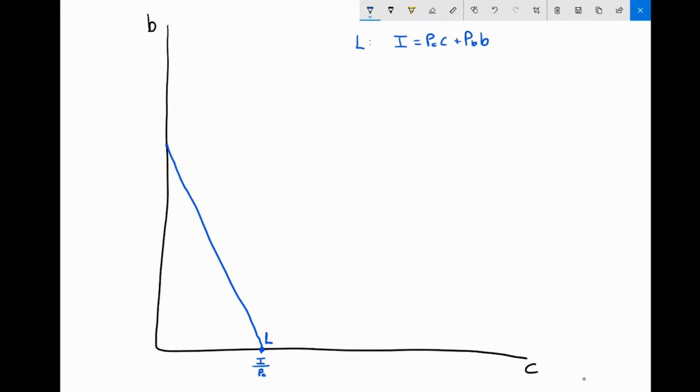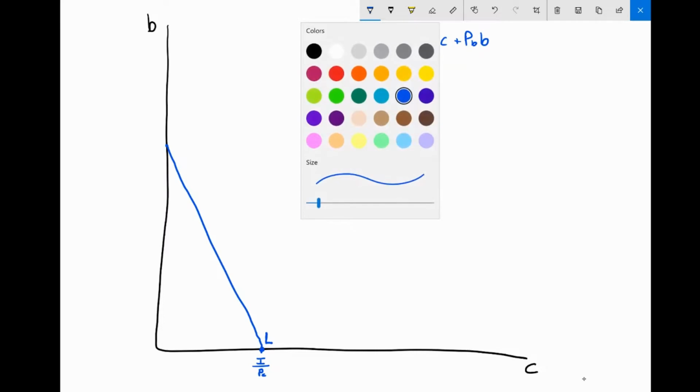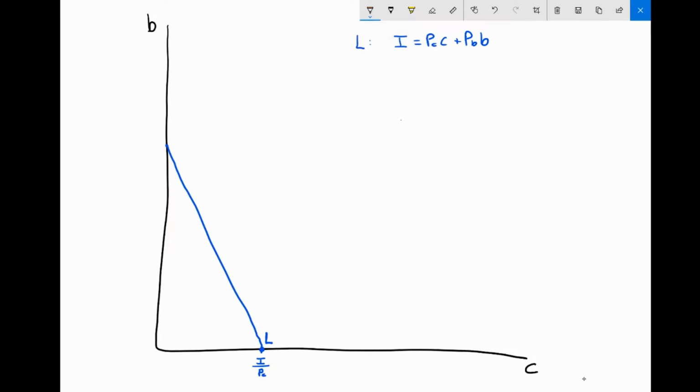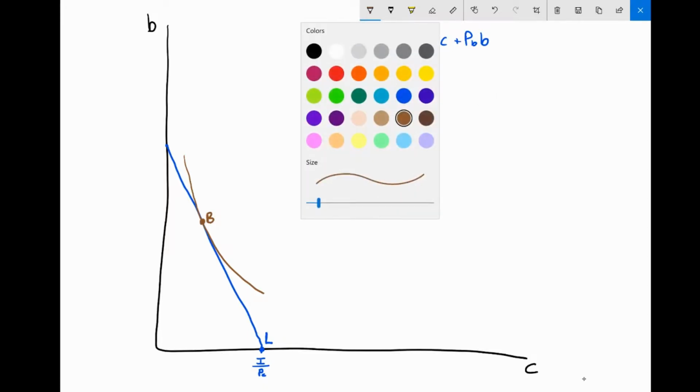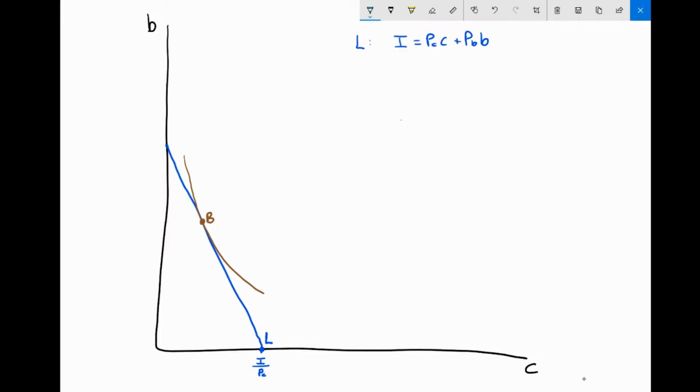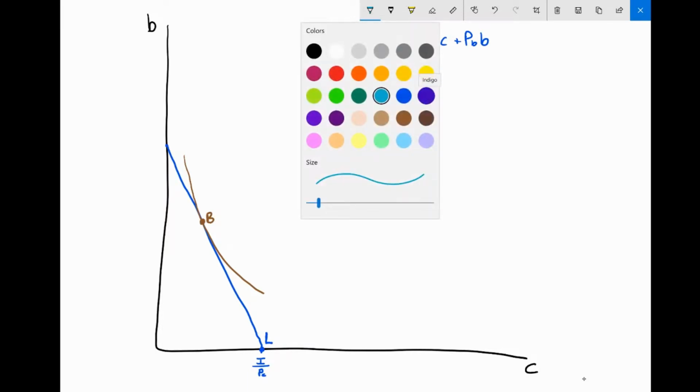Then we're going to assume that we have an indifference curve here, and we'll say this is point B. We'll come back to that in a moment. Let's give ourselves another budget line, in purple here.